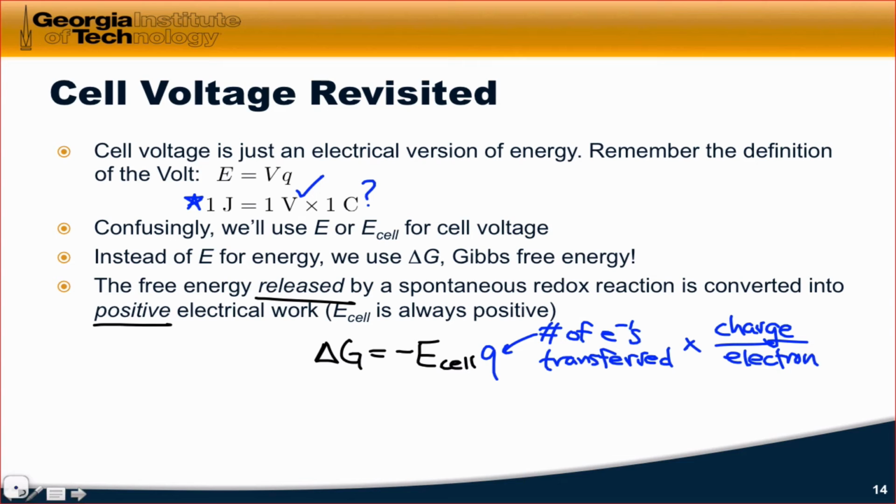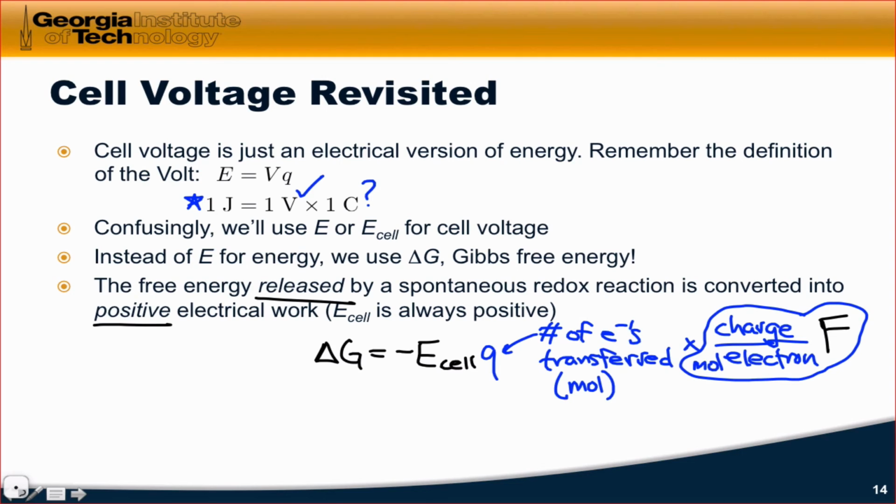So backing up, we can write this out explicitly, first by calling this constant, the charge per electron, F. And in fact, it's not the charge per electron, it's the charge per mole of electrons. Since we're chemists, we use moles as a counting unit, and this number of electrons transferred is just the number in moles. This constant of charge per mole of electrons is known as F, Faraday's constant.